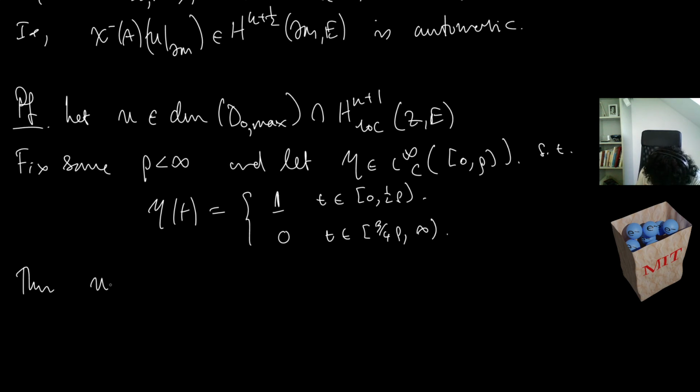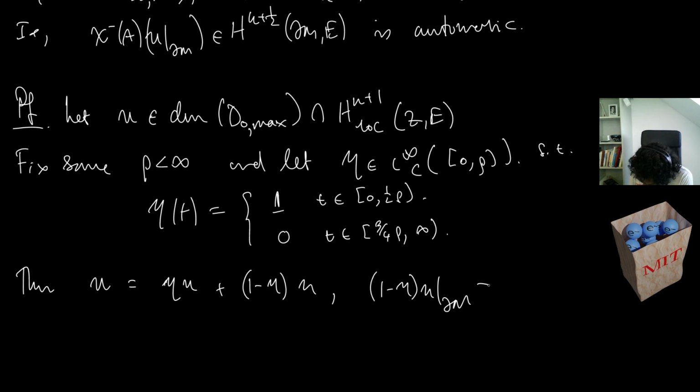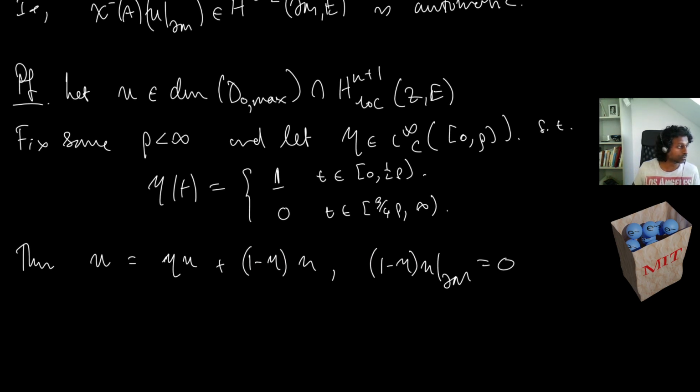Then u is equal to ηu plus (1 − η)u, but (1 − η)u restricted to the boundary is 0, right? So this part is in the minimal domain of the operator, so we don't have to worry about that.